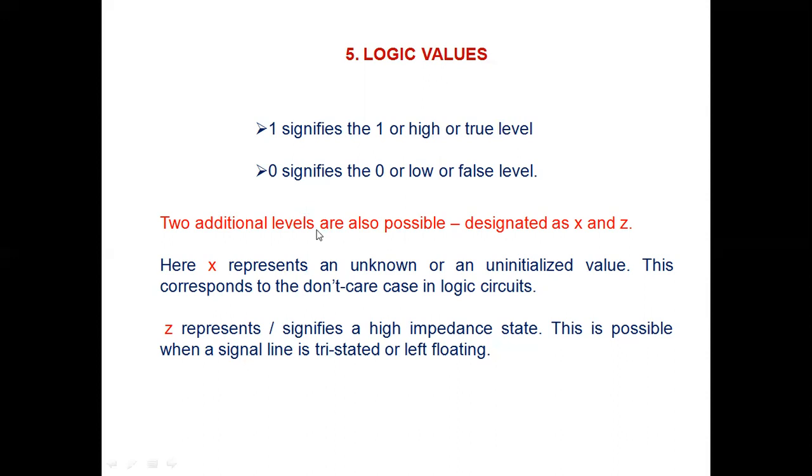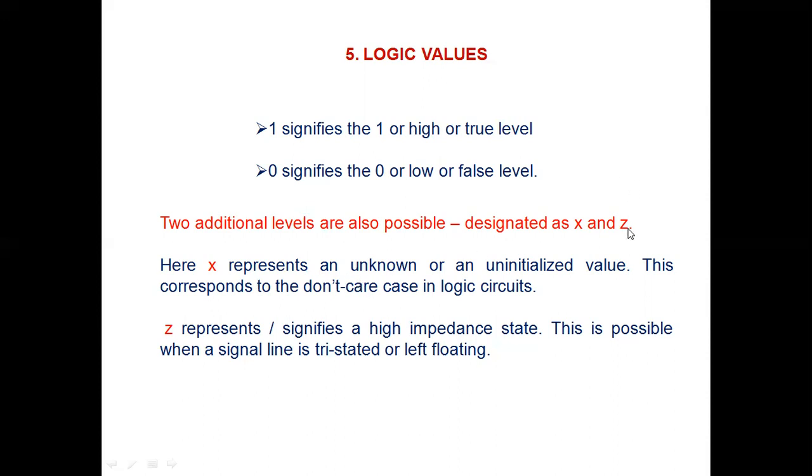So that X can also be represented in Verilog. It represents an unknown or an uninitialized value. No value is initialized to X. Don't care means in some cases we can take the value X as a 1, and in some cases we can take the value X as a 0. That flexibility.